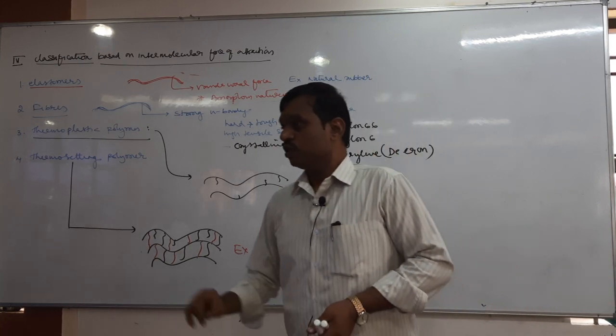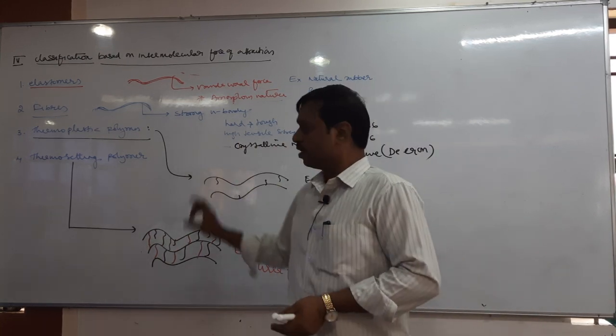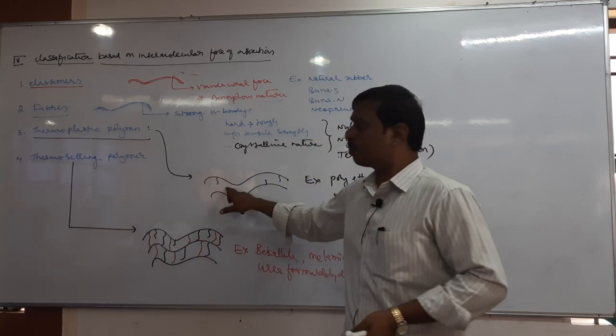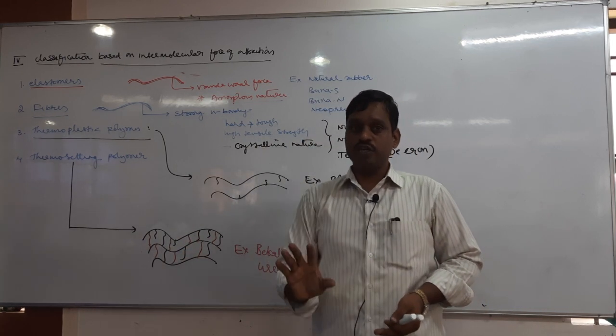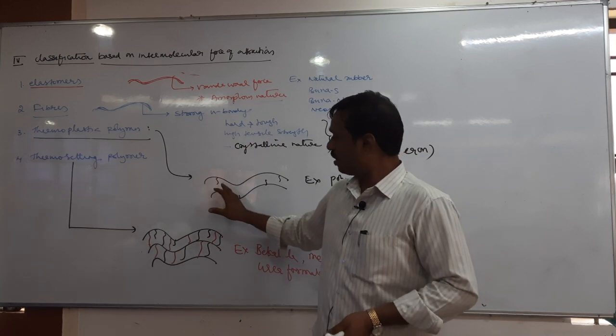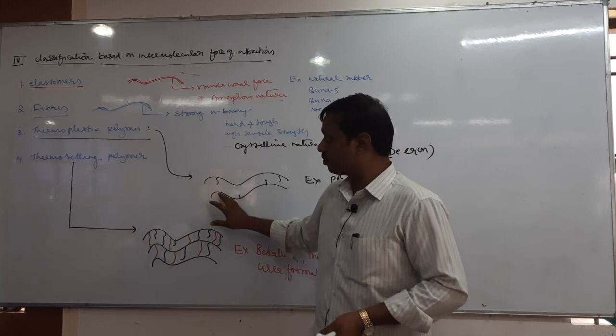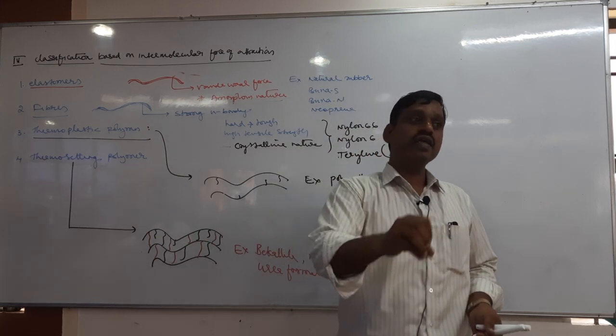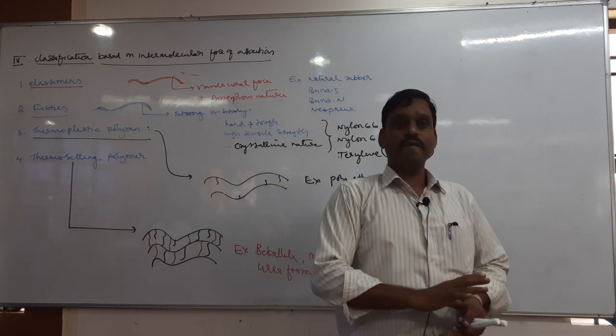Thermoplastic polymers are usually linear or slightly branched chain polymers, capable of softening on heating and hardening on cooling.